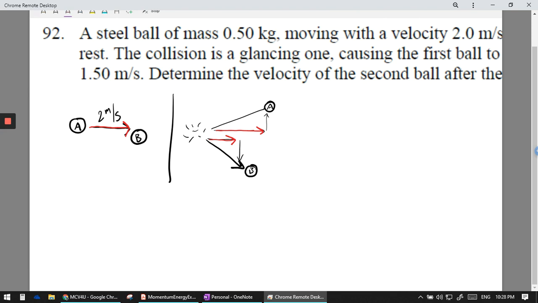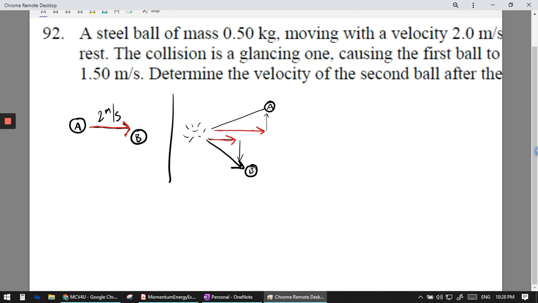My diagram is clearly not perfect, but those two vectors add up to those two other vectors. Okay, and I want to mention though that it's not the velocity that's conserved, it's the momentum that is conserved. All right, and I'll mention that again a little bit later on.